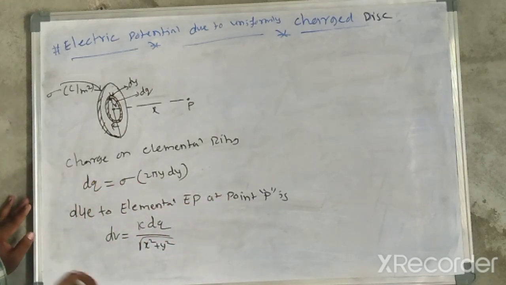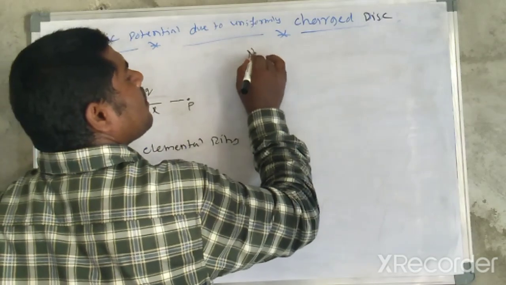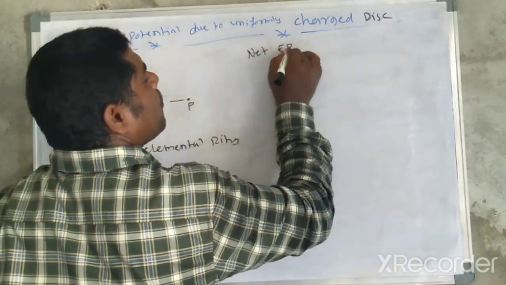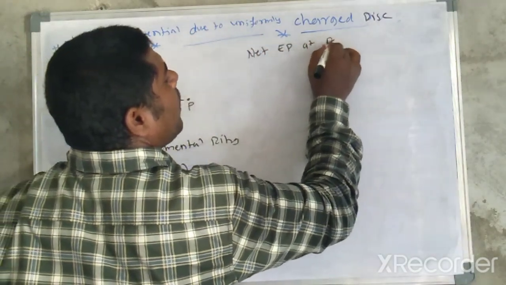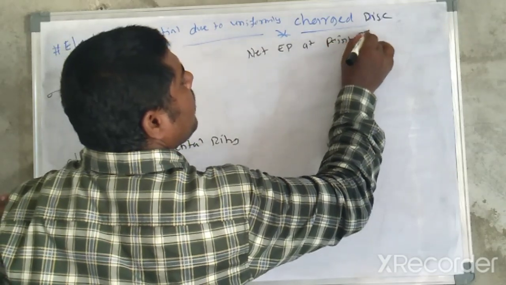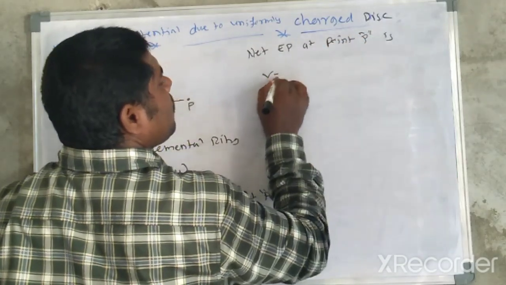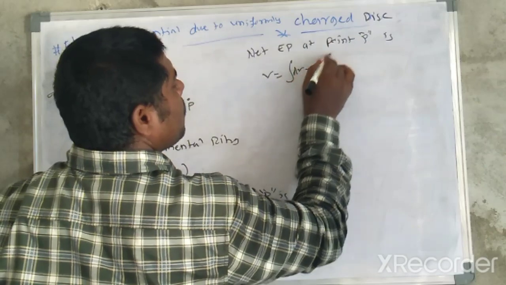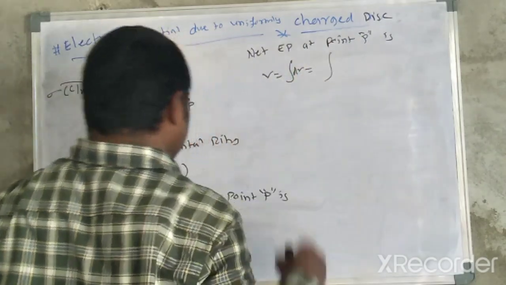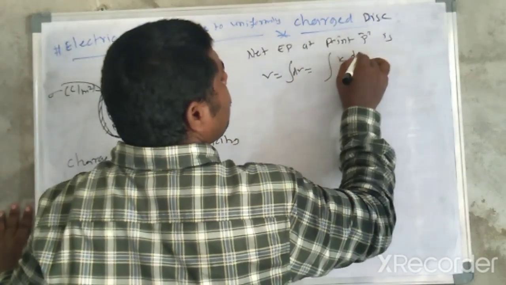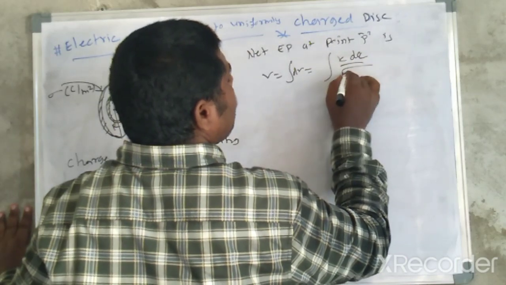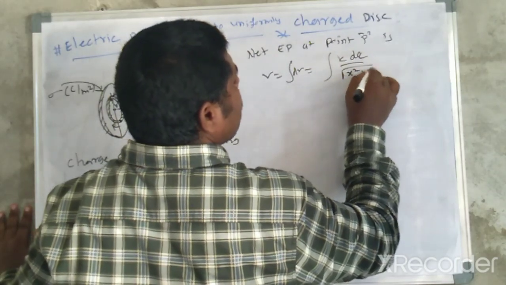If you want the net electric potential at point P, V is equal to integral dV is equal to integral of k into dq by under root of x square plus y square.